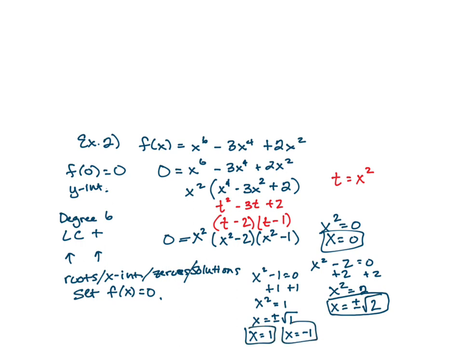So how many x-intercepts does this guy actually have? 5? 1, 2, right? In 0, that's 1, 2, 3, 4, 5. Are y'all seeing them? The plus and minus counts as 2.